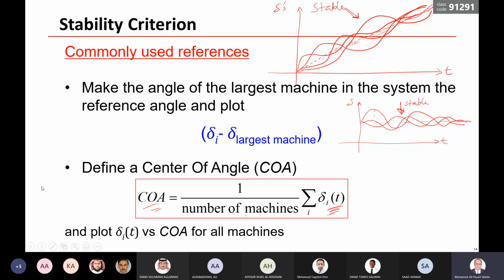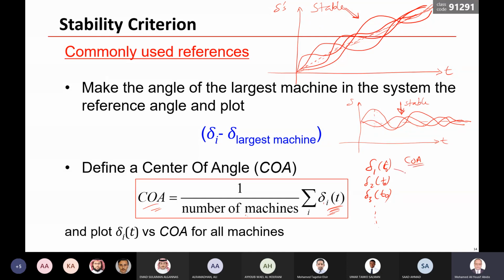When you solve the swing equation, you have delta 1 of time t, delta 2 of time t, at a certain time t0, delta 3 of t0, and so on. So you get the center of angle: you add them all up and divide by the number of machines.